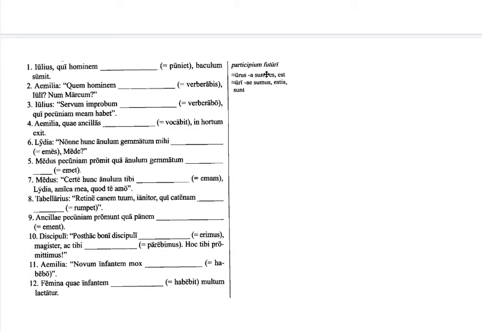And again, sum, es, est, based on the subject. Julius, third person singular: Julius, qui hominem puniturus est, baculum sumit. Julius, who is going to punish a person, grabs a stick.